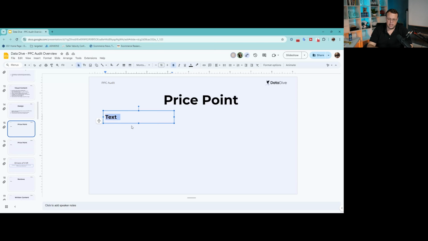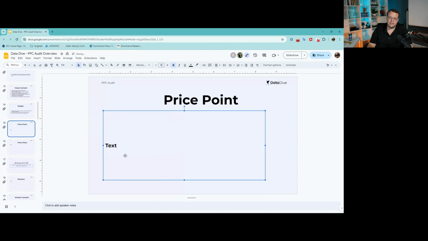Okay. So price point. What are some ways that we can impact price point to impact click-through rate and conversion rate? Let's talk about a low launch point price.